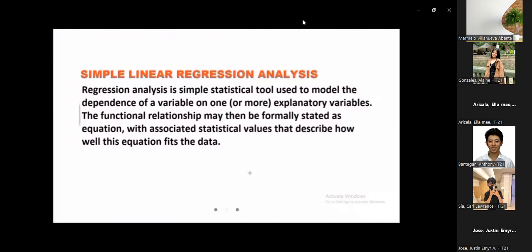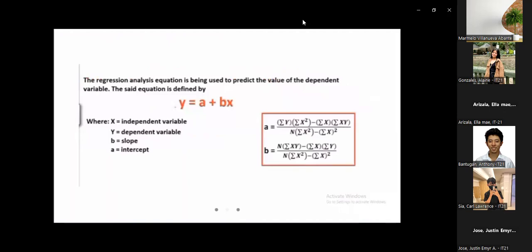So, yung isang variable na yun is the dependent variable. So, ito na yung equation na gagamitin natin for us to predict the dependent variable. So, the regression analysis equation is being used to predict the value of the dependent variable.